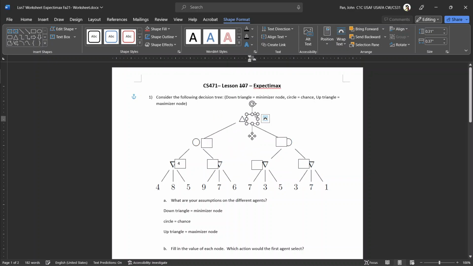Okay, so the first one is 4. The next one is 6. The next one is 3. The next one is 1.